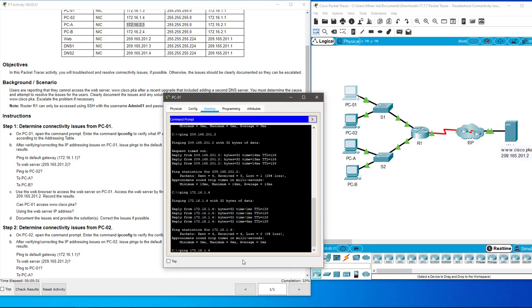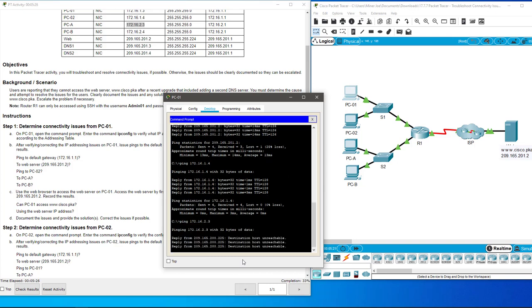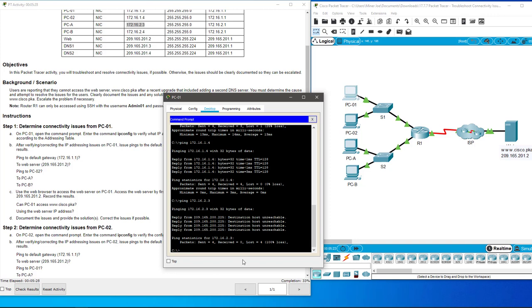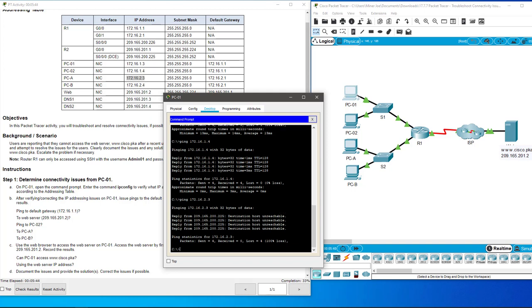2.3. Now, hey, look at that. Now we got a response back that says this is a reply from 209.165.200.225. If we look back, I think that address is posted in there, and that's on router 2. So router 2 is giving us a response back saying, you know what, something's not right there.